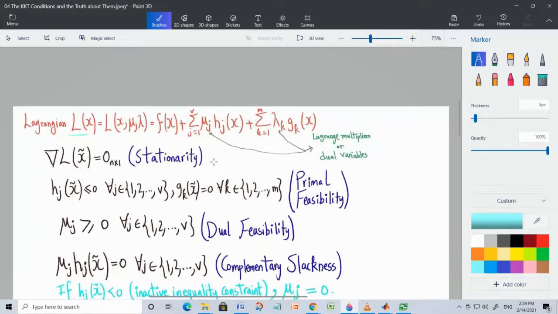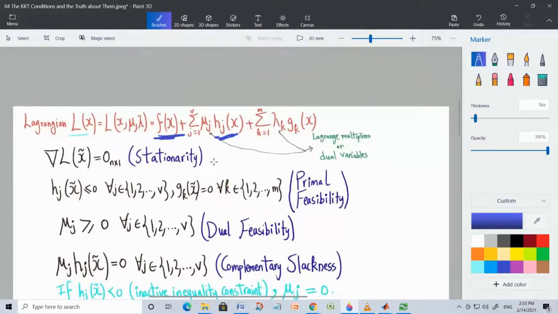It depends on x, and sometimes you need to emphasize that it depends on x, the mu's, and the lambdas. So it is the objective function plus a weighted combination of the inequality constraint functions and the g functions involved in the equality constraints.